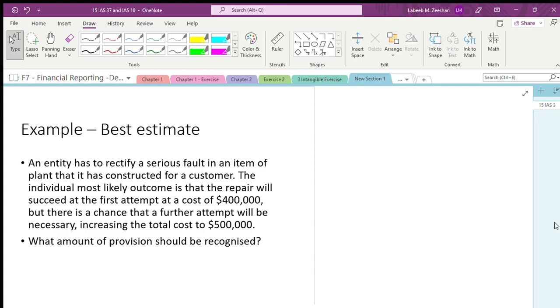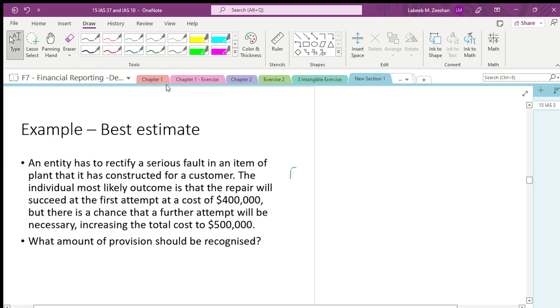But there is a chance that a further attempt will be necessary, increasing the total cost to 500,000. Now, what is the amount of provision you have to make? The first estimation, the first attempt, how much is the amount?